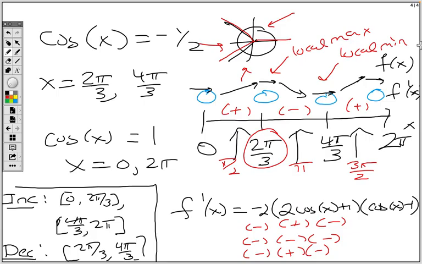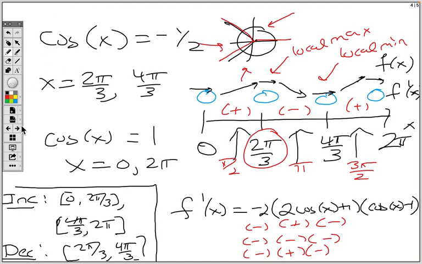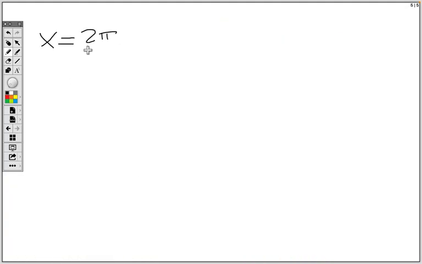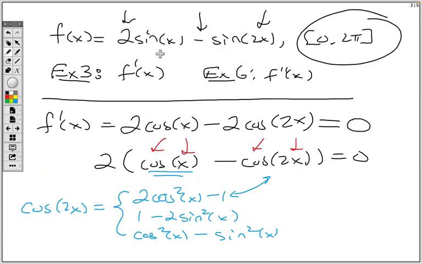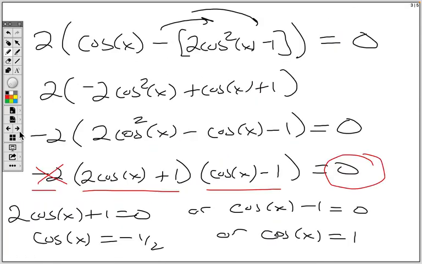So let's find out what those points are. So we got x equals 2 pi over 3. We're going to plug that into our original function, not the derivative, the original function, which is 2 sine x minus sine of 2x.